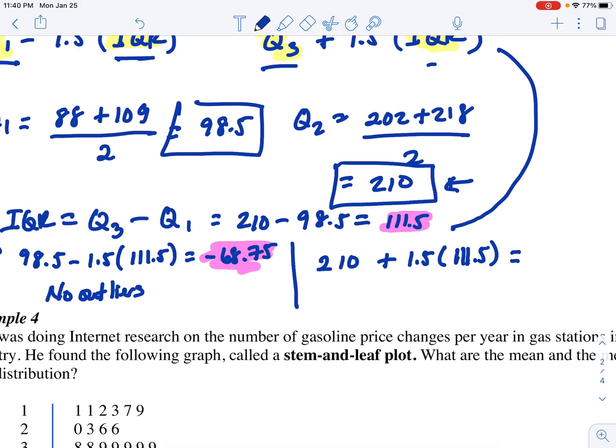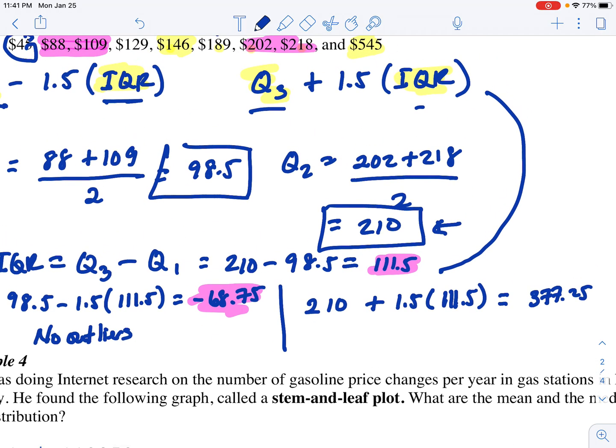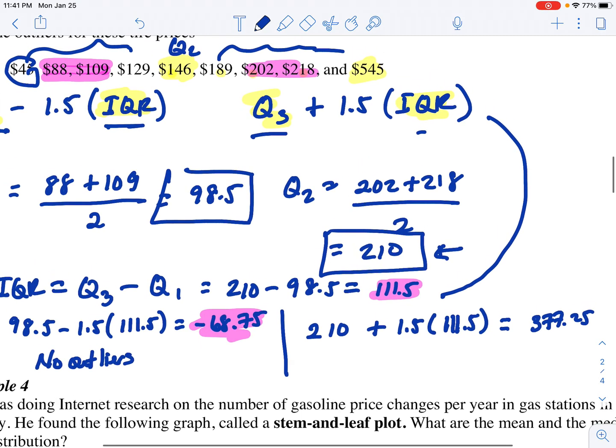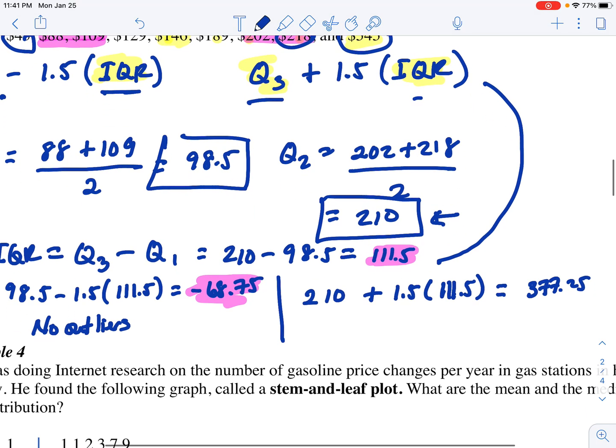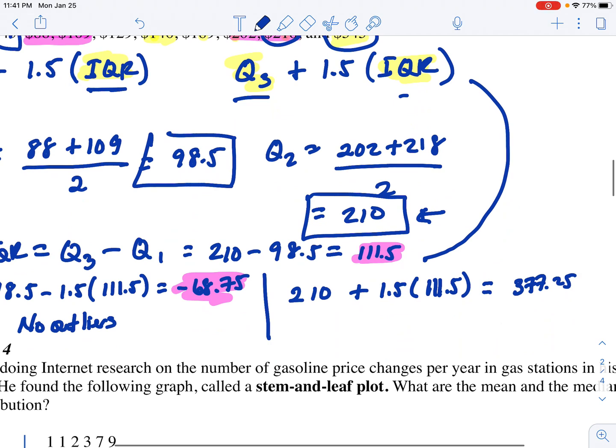And that's going to give us $377.25. Okay. So anything above $377.25 will be an outlier. So if we look up here, we notice that 545 is above it, but 218, the next highest, is not. So we got $545 as the outlier.